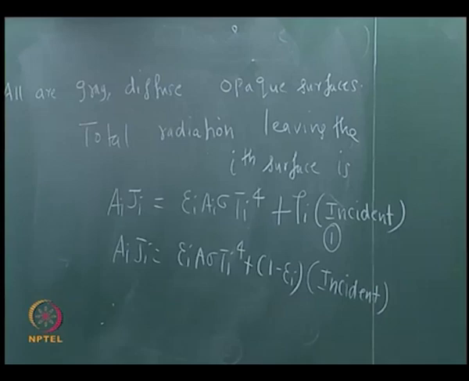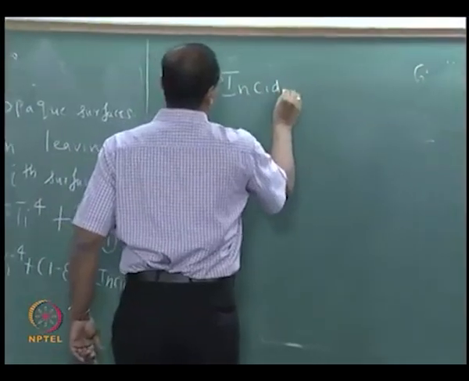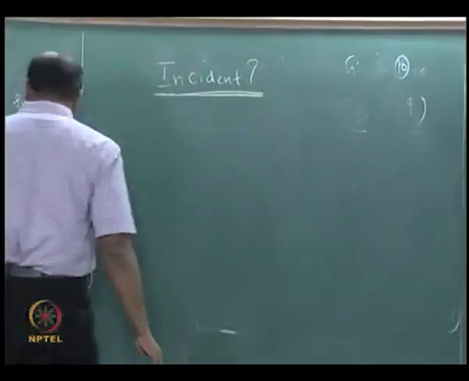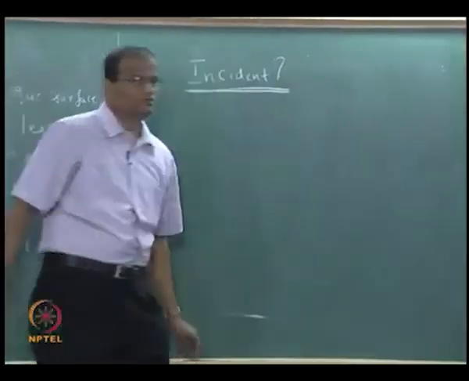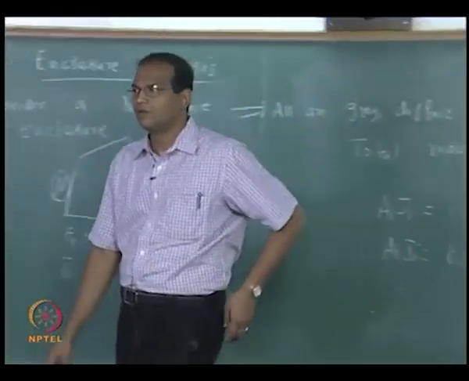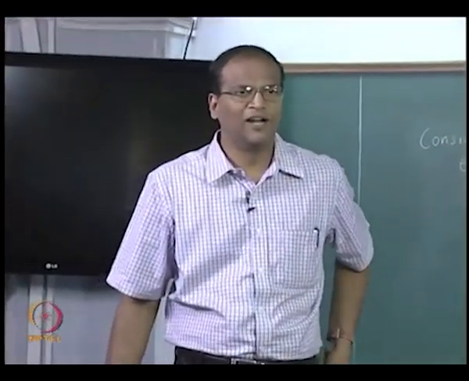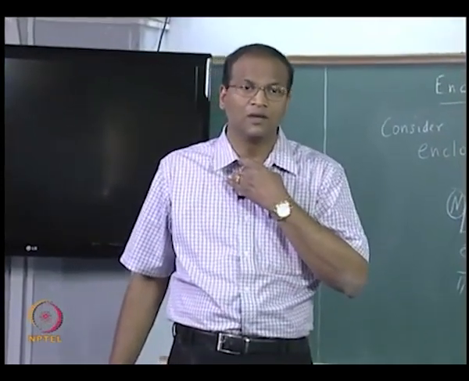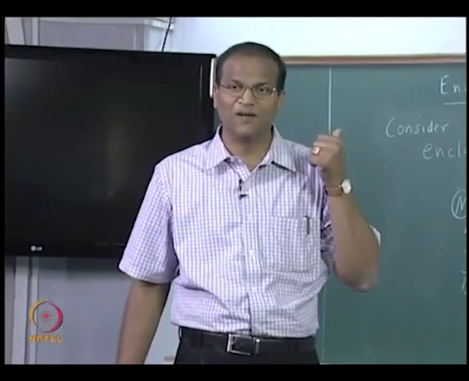What is this incident coming from other surfaces? This is the question we have to answer. It is the sum of radiosities into view factors, multiplied by the respective area, because I put watts per meter square into area.